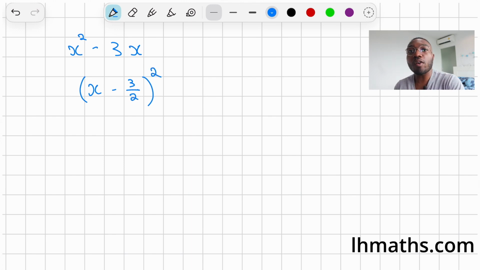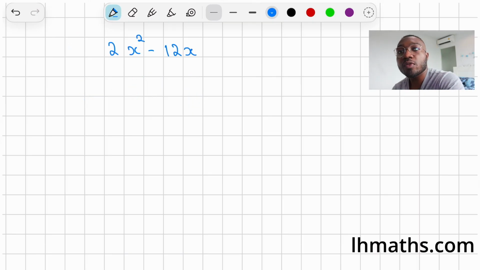And then if you want to think about what number you would get out of this, well, we know it's going to be minus 3 over 2 times minus 3 over 2. That gives you 9 over 4, because 3 over 2 times 3 over 2 is 9 over 4, but we don't want the 9 over 4, therefore we minus 9 over 4. Okay, so that will be this one done.